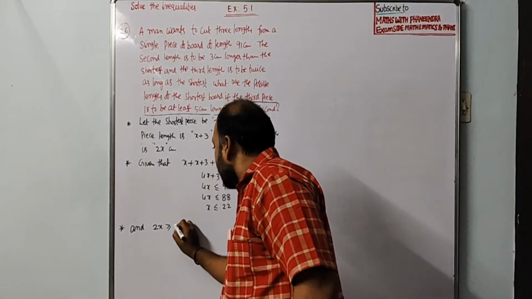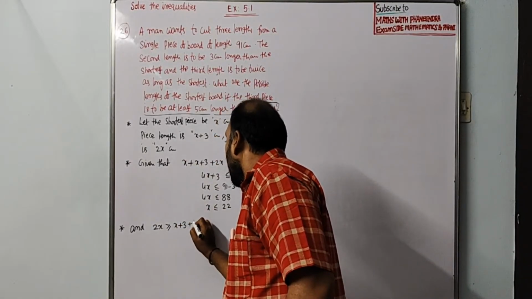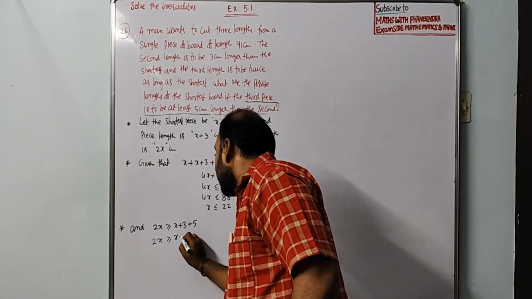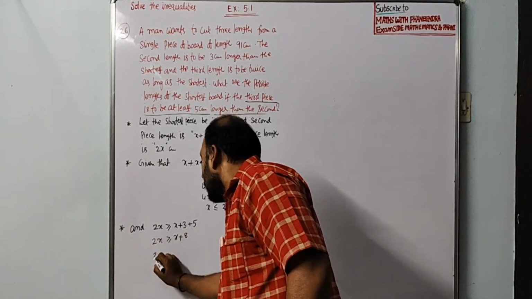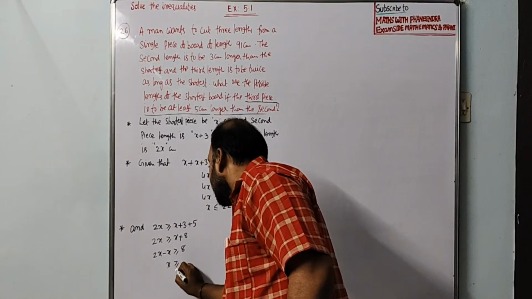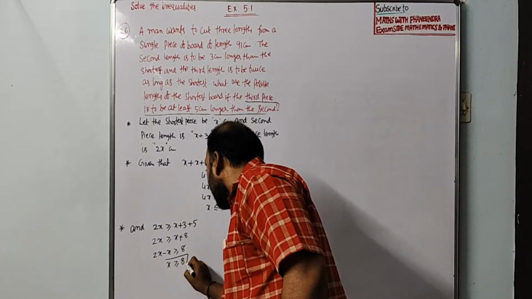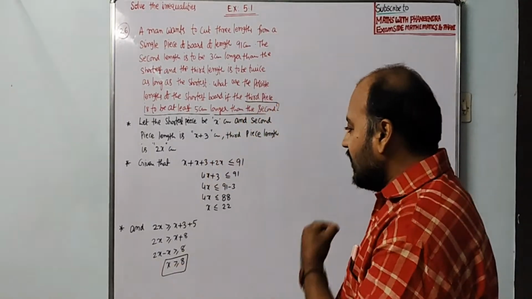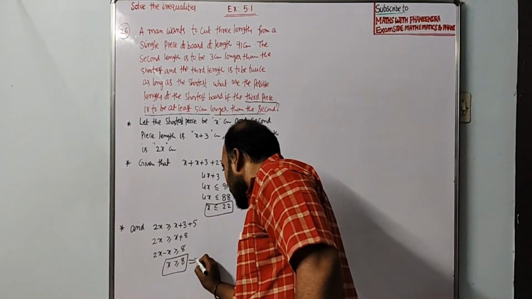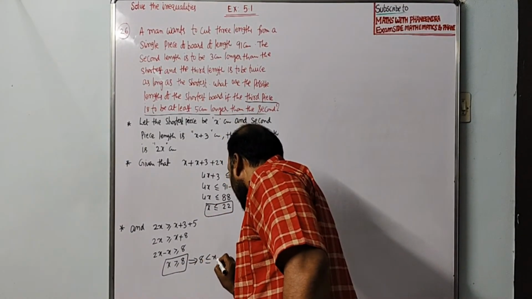What is the second here? x plus 3. Longer than 5, so 2x is greater than or equal to x plus 8. Bringing x to the side, 2x minus x is greater than or equal to 8. x is greater than or equal to 8, dear students. So x greater than or equal to 8 means 8 is less than or equal to x only.